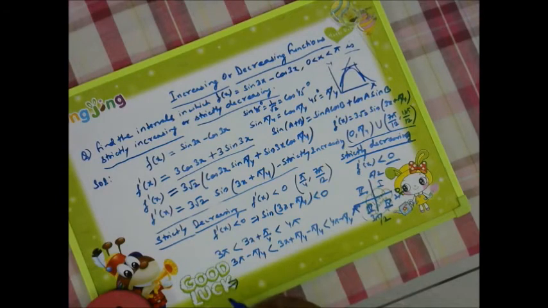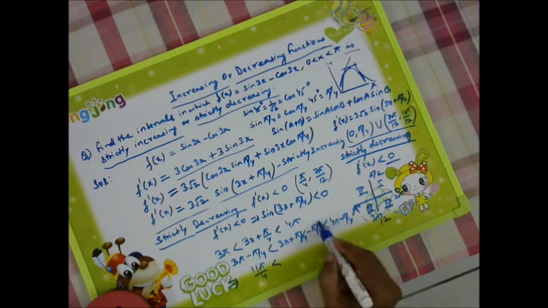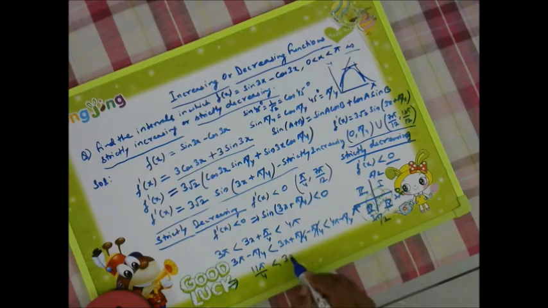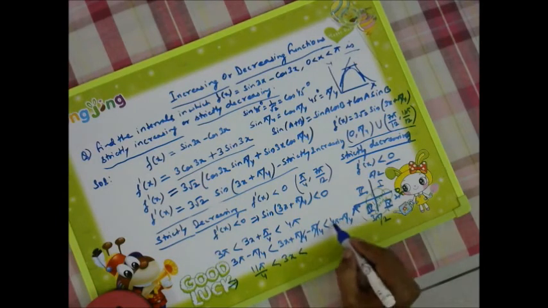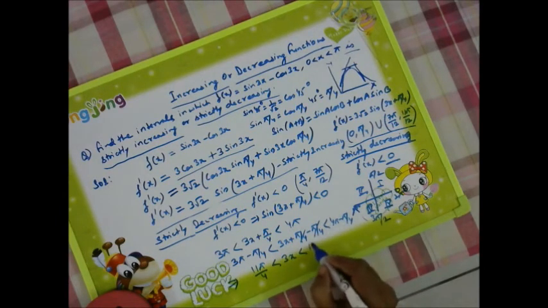What we are getting here? 12 pi minus pi, so 11 pi by 4. Then this pi by 4 will get cancelled, here 3x, and then 16 pi minus pi, so it is 15 pi by 4.